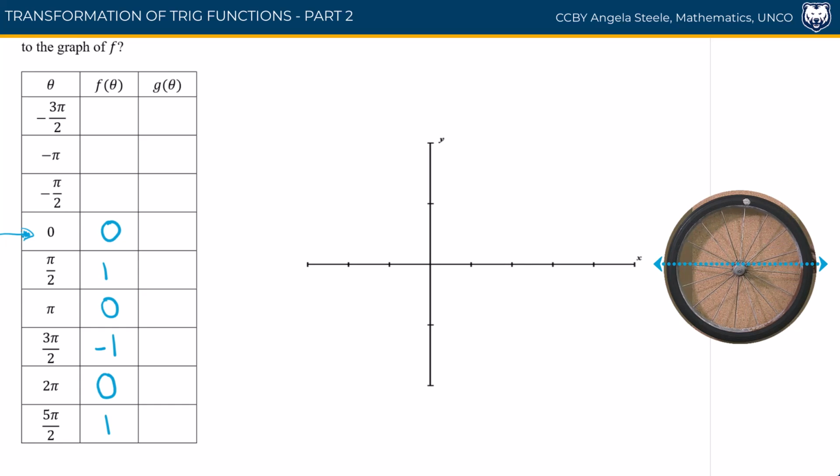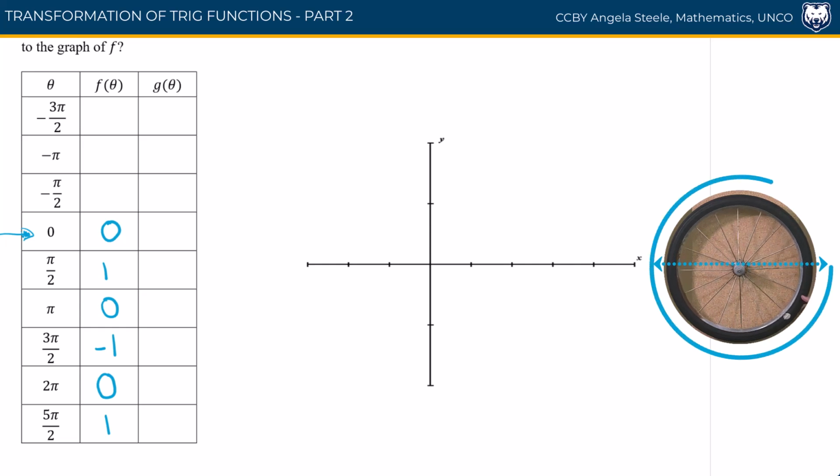All right. Let's look at these first 3 rows. I'm going to start with the negative pi over 2. So that means that we are going in a clockwise direction, right? So all these other ones we were going in a counterclockwise direction, but when we have a negative angle, that is clockwise.